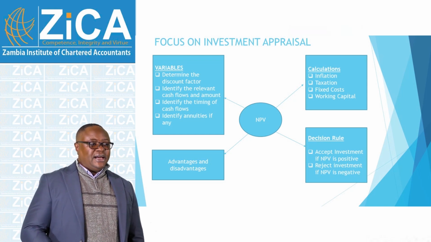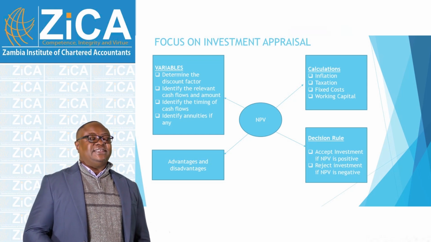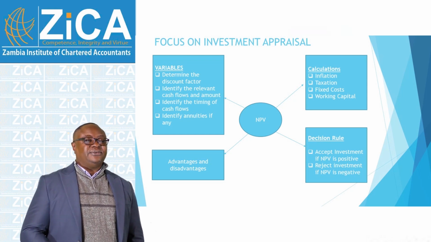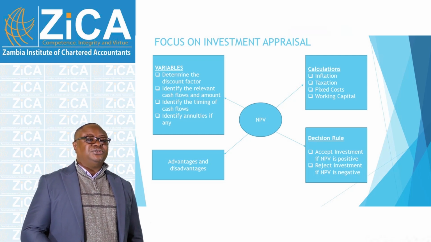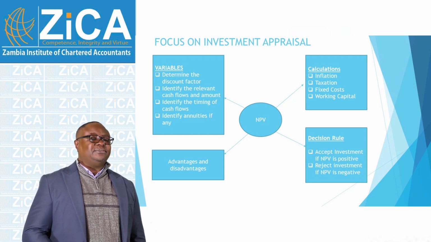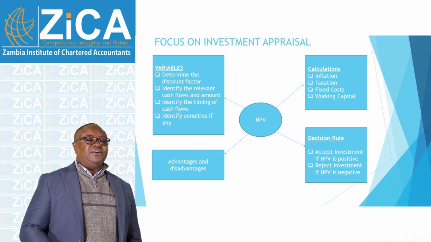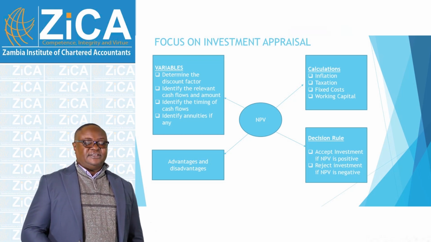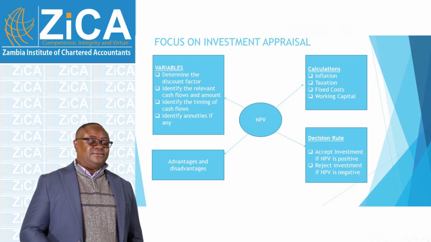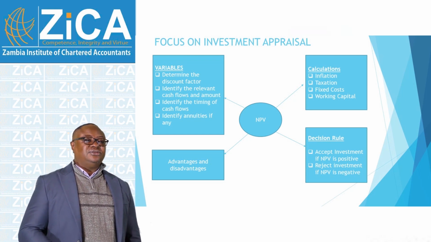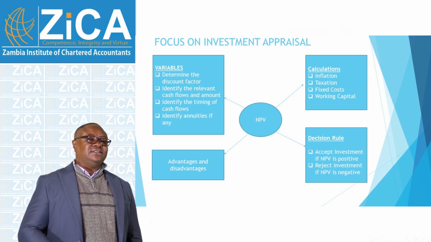Then the other aspect now is to make a decision. What's the decision rule? Should you accept the investment, or should you reject it? You only accept if it's positive. You reject if it's negative. Now, this again is the area where most of the students miss it out. Don't do a calculation or evaluate an investment without making a decision.